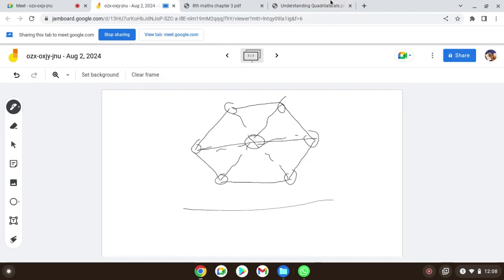For example, if this point meets this one, then this will be L and N. If this one is P and Q, then this will be the PQ diagonal. You must give a name to the lines you have drawn as diagonals.